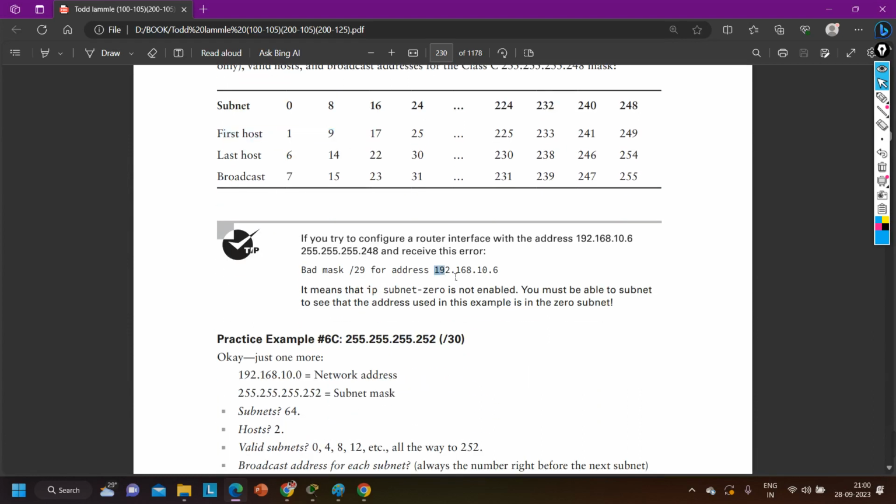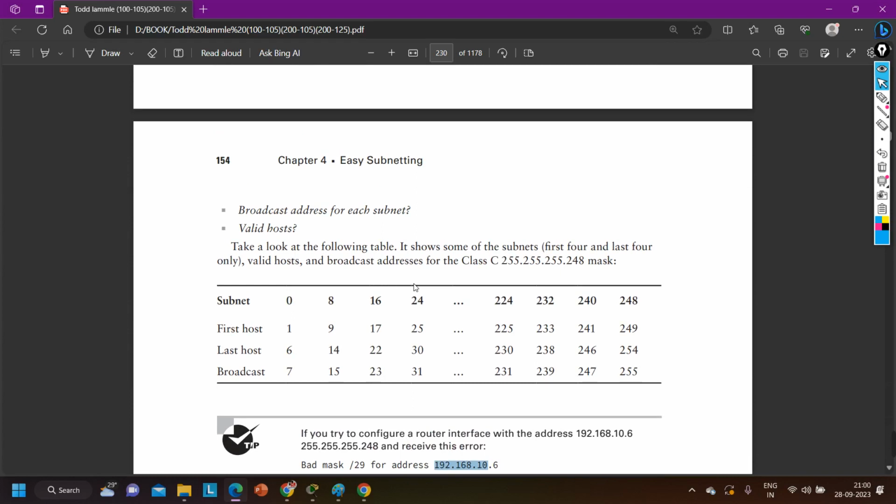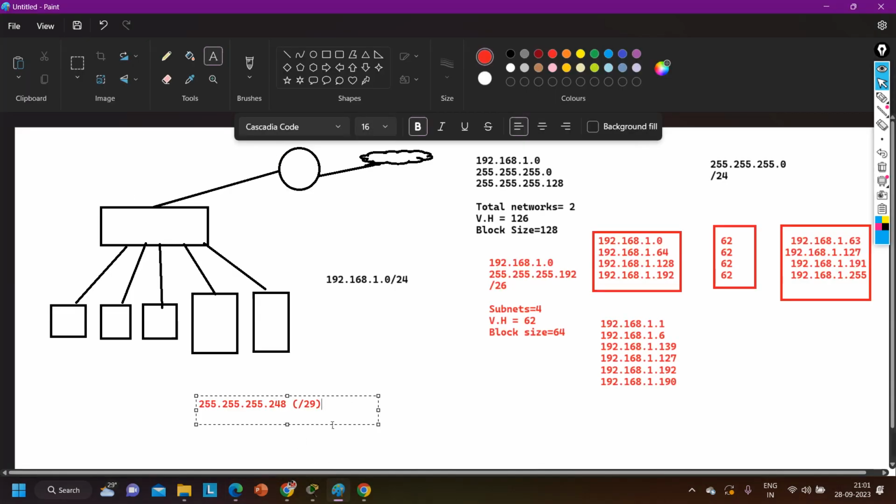You need to find the first host, last host, broadcast ID, and network ID. Only these four things. Can you guys calculate it?